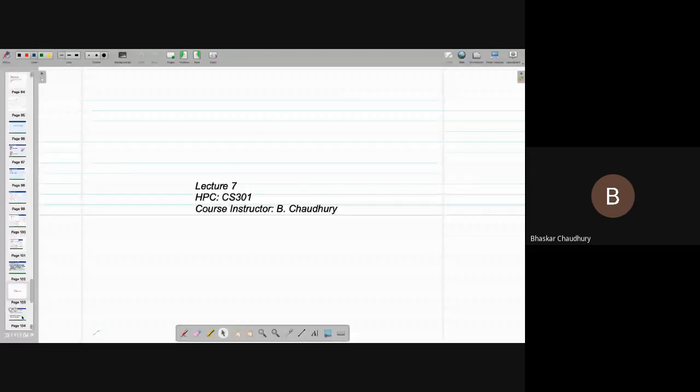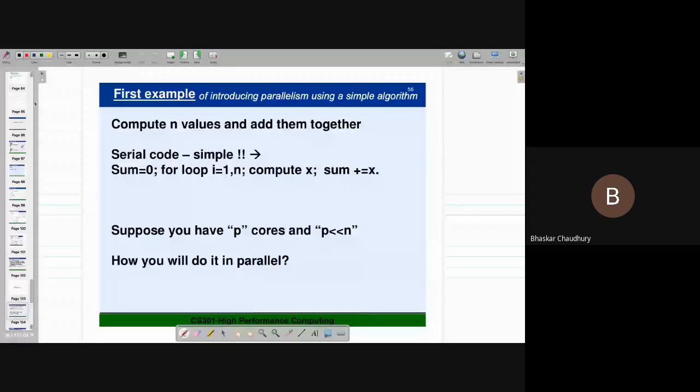So let's start with a very simple example. In this first example, we are just having a brief understanding about how to introduce parallelism in a simple algorithm. Let's say that we want to add n values, and we first want to compute n values and then we want to add them together.